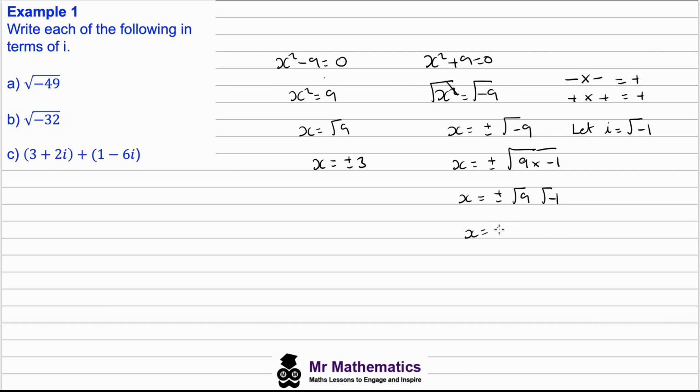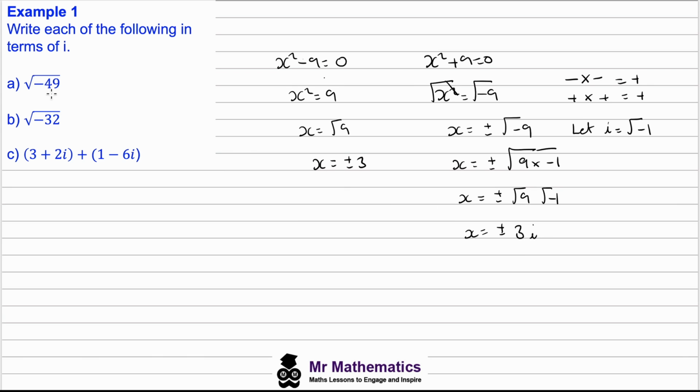So x will equal plus or minus, the square root of 9 is 3, and the square root of negative 1, we've said, is i. So this is where i comes from. We can solve these types of quadratic equations if we let i, some people say j, throughout this video I'll be using i, equal to the square root of negative 1.